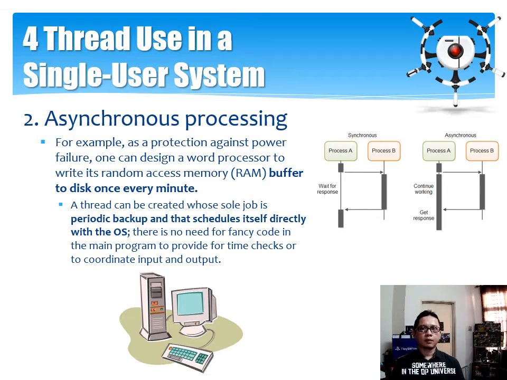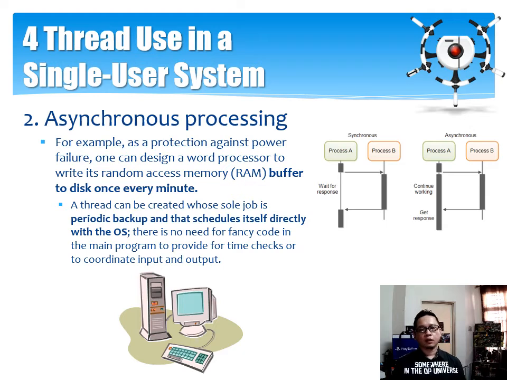Another concept in a multi-thread system is that you can have asynchronous processing. Asynchronous means that while you are doing one task, you can have another task doing something else. So for example, previously you are typing, and then in the background you can have the backup coming in.